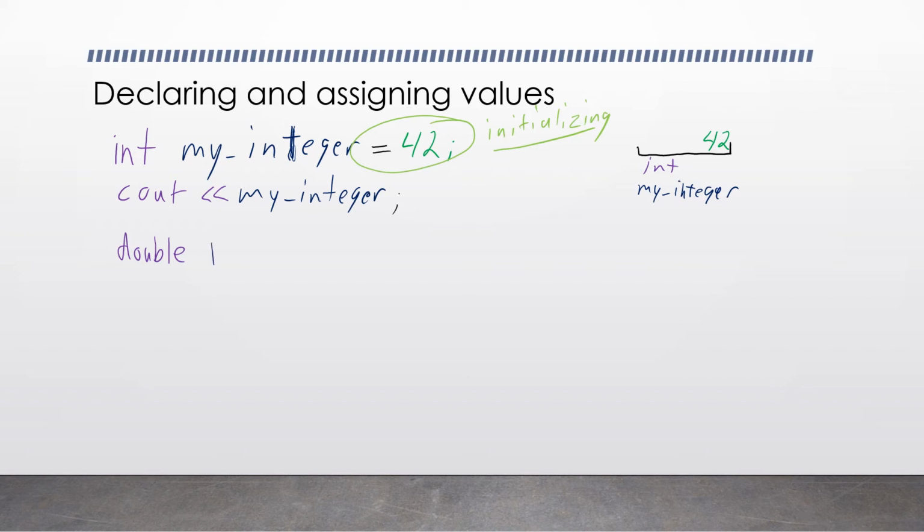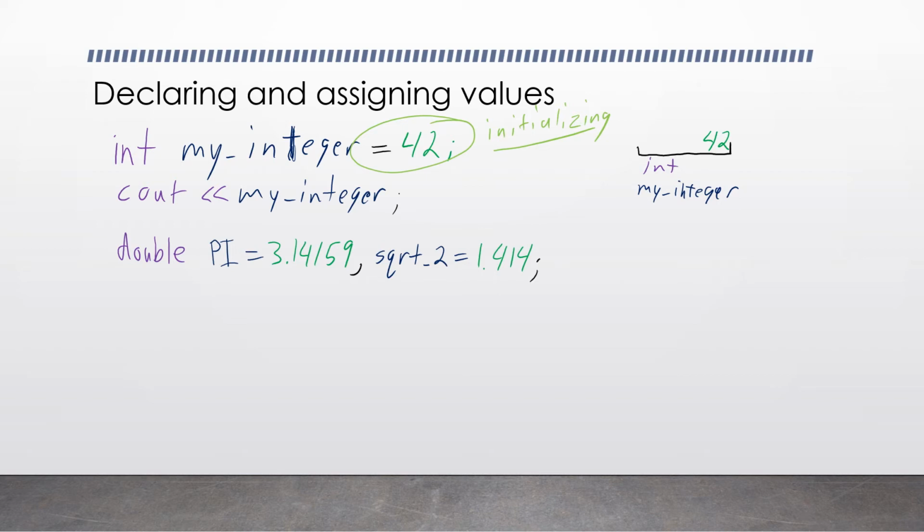We can say double pi equals 3.14159, and then we put a comma and we declare another variable. Square root of 2 equals 1.414. And then if we're done, we put a semicolon at the end of the line.